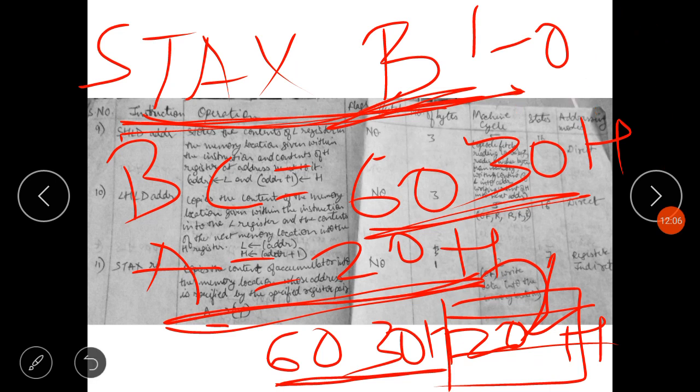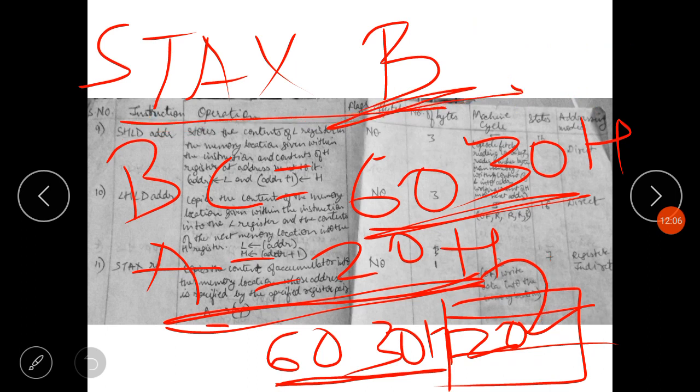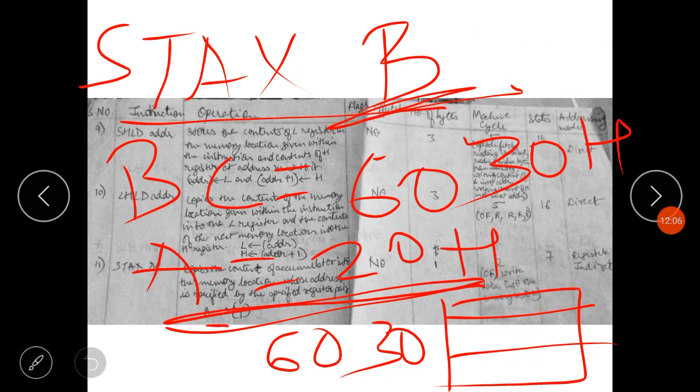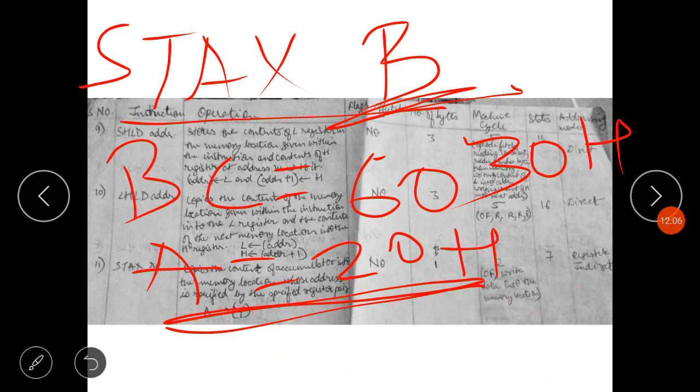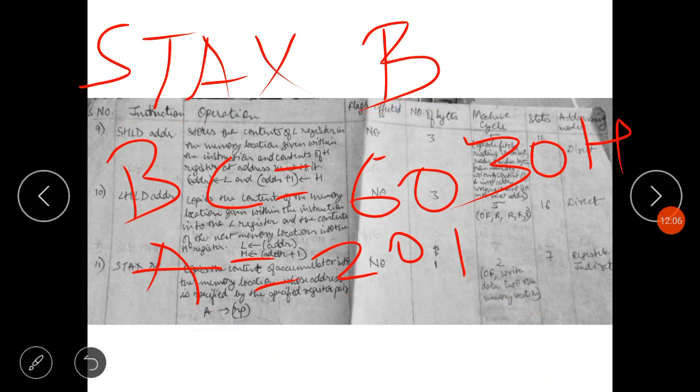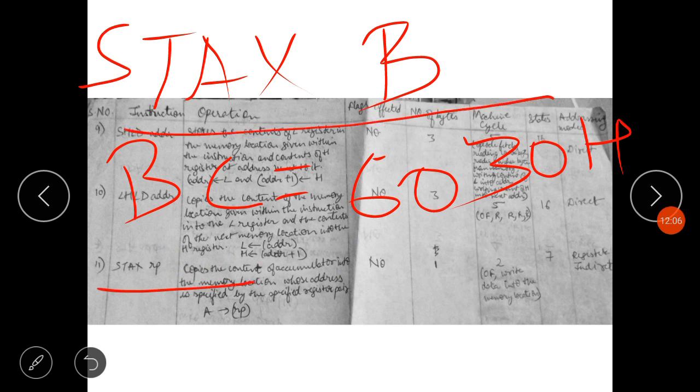Now what is the addressing mode of this instruction? As I have already discussed, whenever the address of the operand is indirectly mentioned in the instruction, that type of instruction will have register indirect addressing mode. As you can see in STAX RP, for example STAX B, what is the operand here?